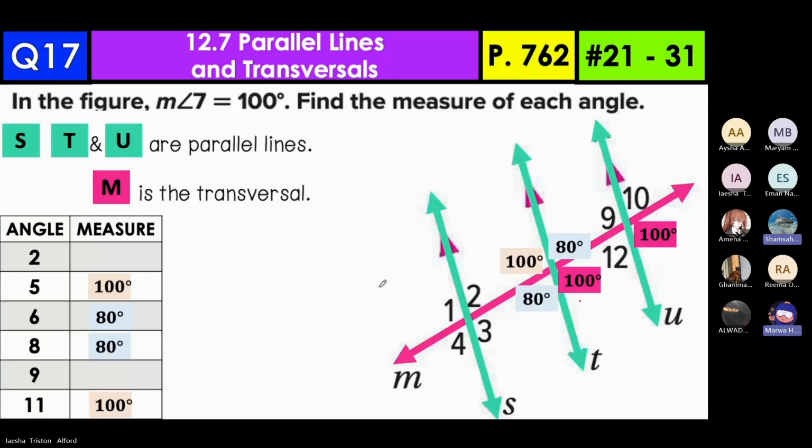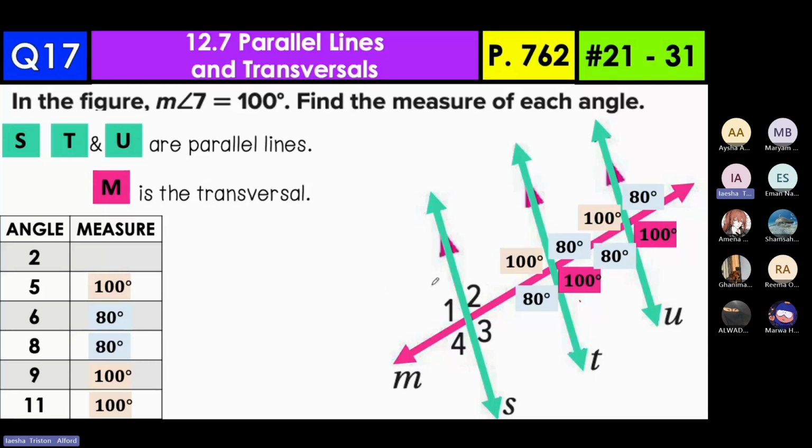Vertical angles are equal, and 100. Number 10, name and how? Linear pair, 180 subtract 100 equal 80. Number 12, anybody else want to go? Name and how? Vertical, 80. Okay, good.